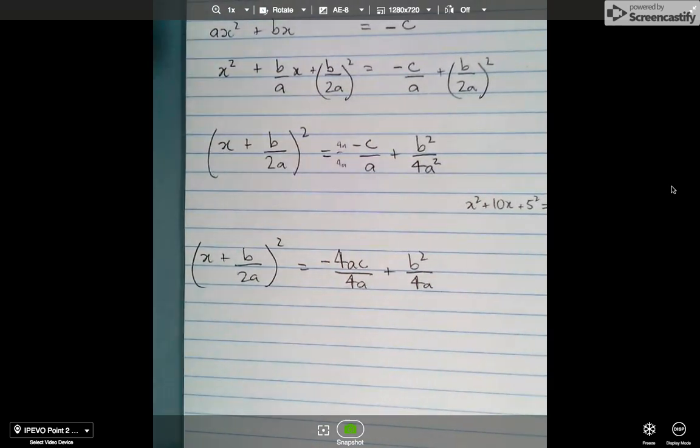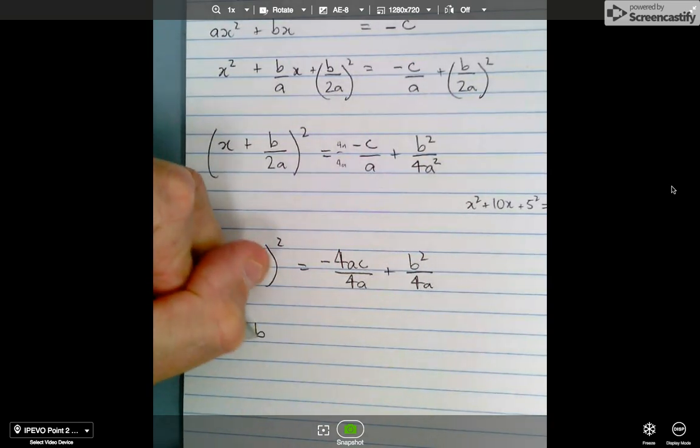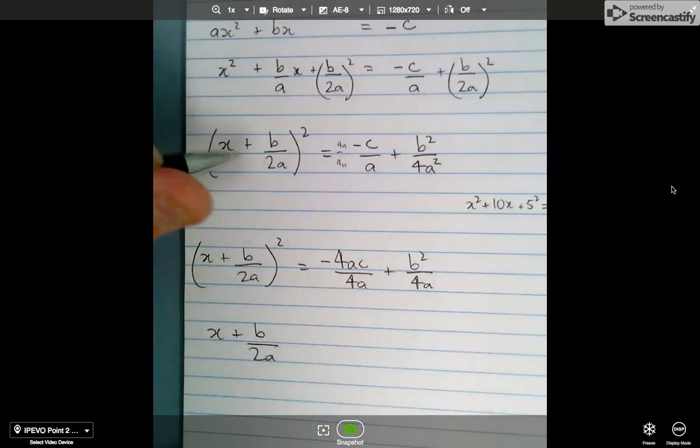Before, the next step we did was to take the square root of both sides. When we take the square root of the left side, it's fairly easy: it just becomes x plus b over 2a.